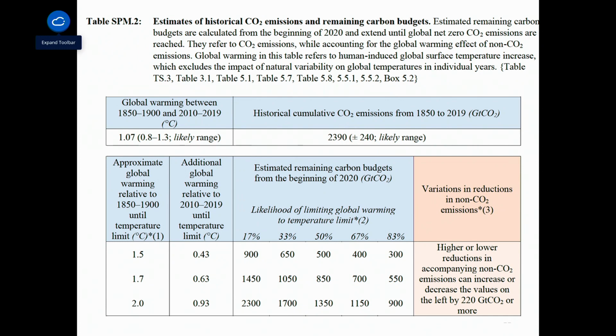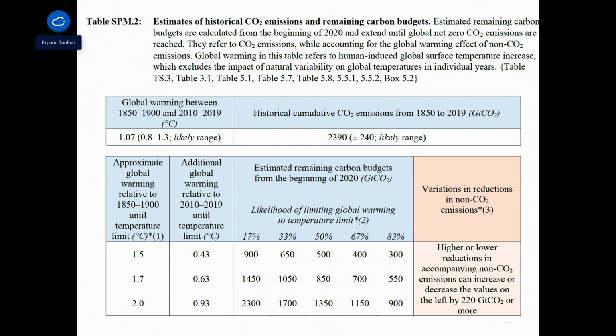The answer is, to be 50% sure of staying underneath 1.5 degrees, we only have 500 left to burn. Now we're burning about 40 a year, so this is just over a decade's worth of burning. And so when you hear in the press that we only have a decade, that's what that means. That's what they're talking about here.